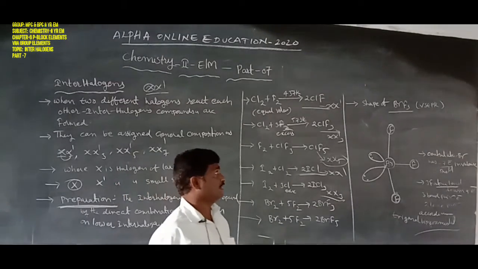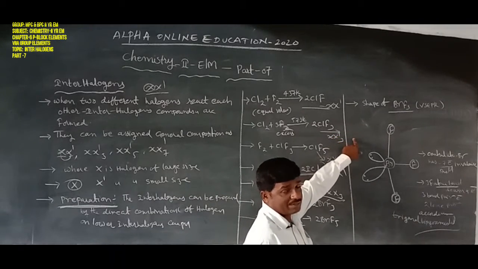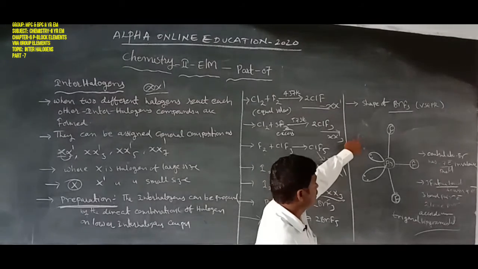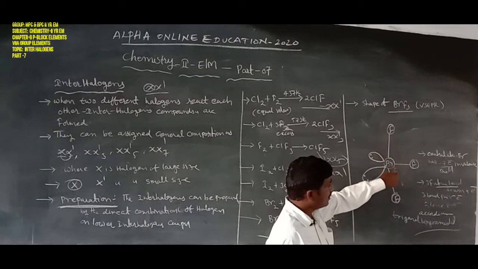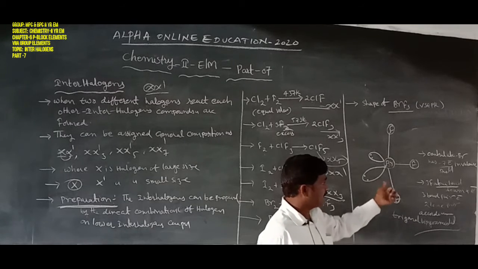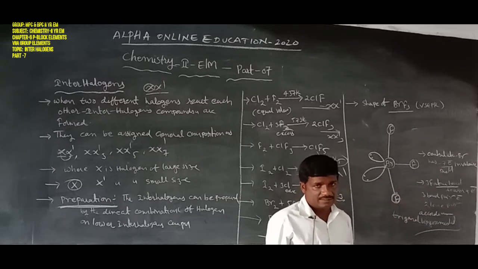Next, the structure of BrF3, explained by the VSEPR theory. Here Br is the central metal atom. The central atom is bromine, which has 7 electrons in its valence shell.